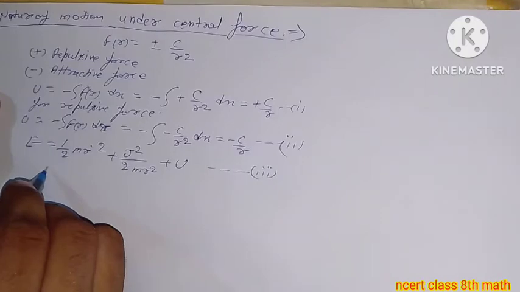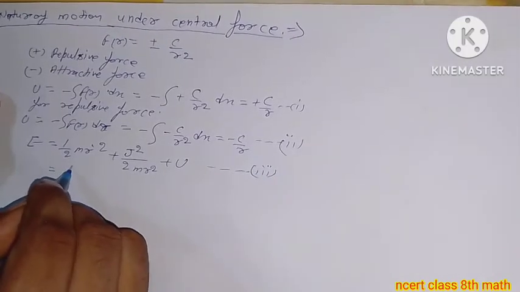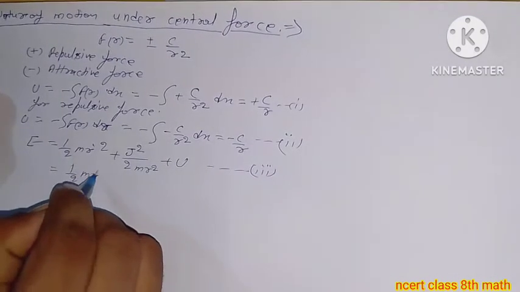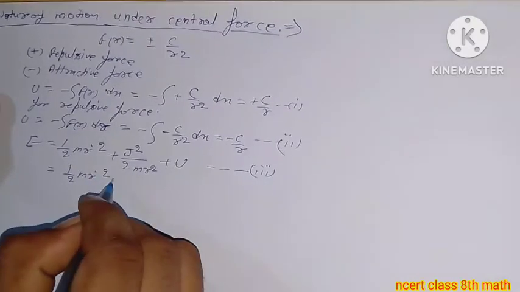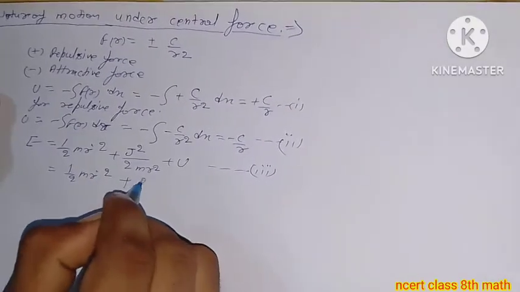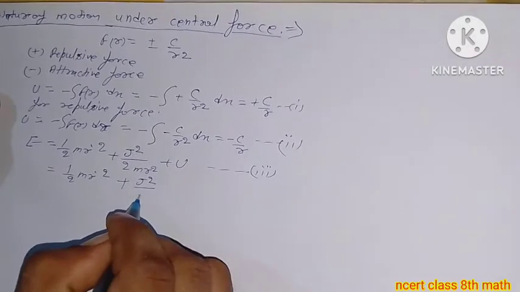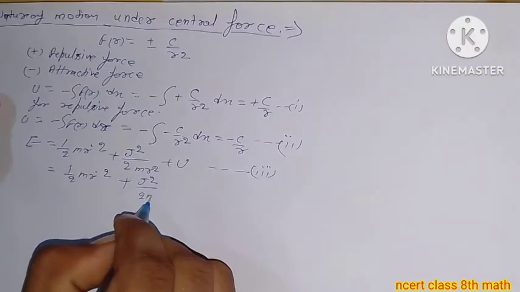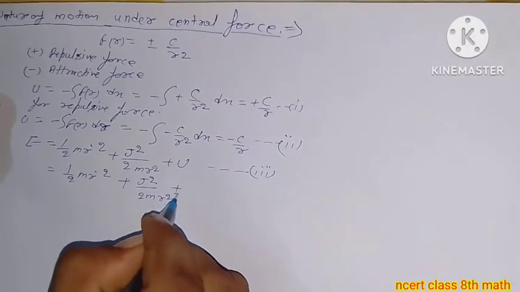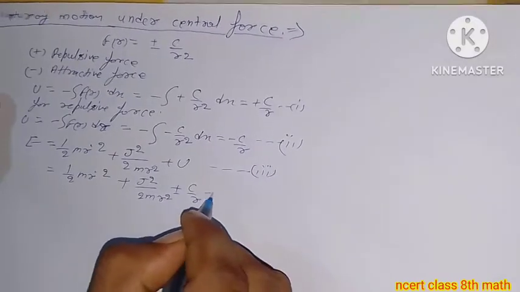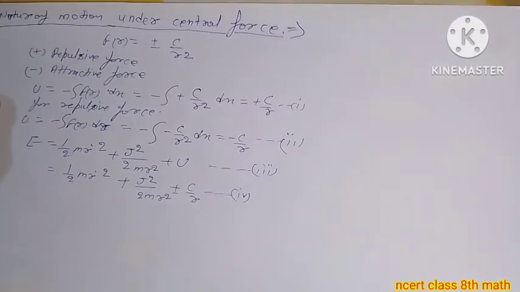And we can write this as 1 by 2m (dr/dt) square plus J square upon 2m r square plus or minus C upon r, where J is the angular momentum. This is equation number 4.